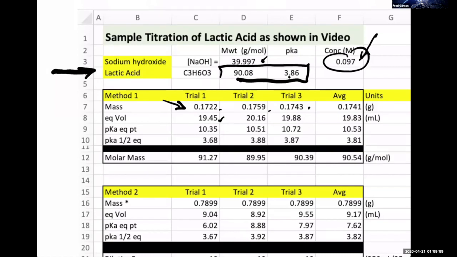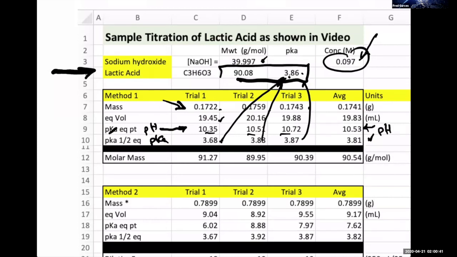The pH, this is not pKa, the pH at the equivalent volume is 10.35. Halfway to the equivalent volume, that's my pKa, that's 3.68. So this right here is the pH at the equivalence point. But if I look at the titration curve, this is halfway to the equivalence point. And you can see that these numbers are pretty close to the theoretical value. Okay, they're pretty close. And I do an average right here. So this value right here is the pH at the equivalence point.